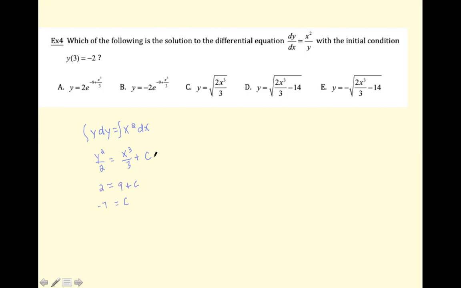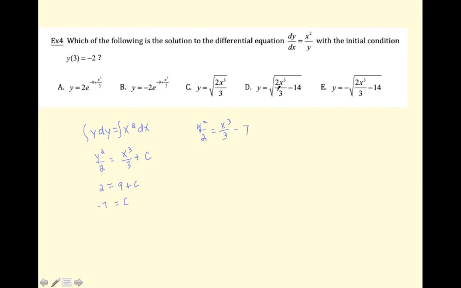All right, so I'm going to go back to this step and check my work, make sure I haven't made any mistakes. Yeah, I've got my 1/2 y squared here. Y squared over 2 equals x cubed over 3. And actually, I'm just going to multiply by 2. I'm looking at what my answer options are here. And this is now -7, replacing the c with -7.